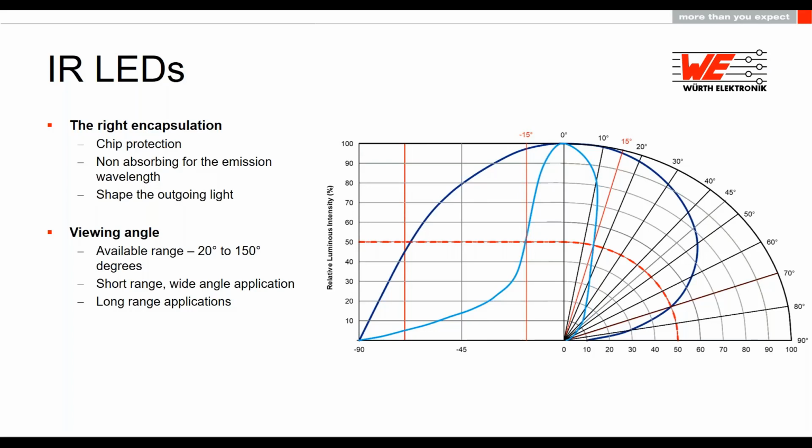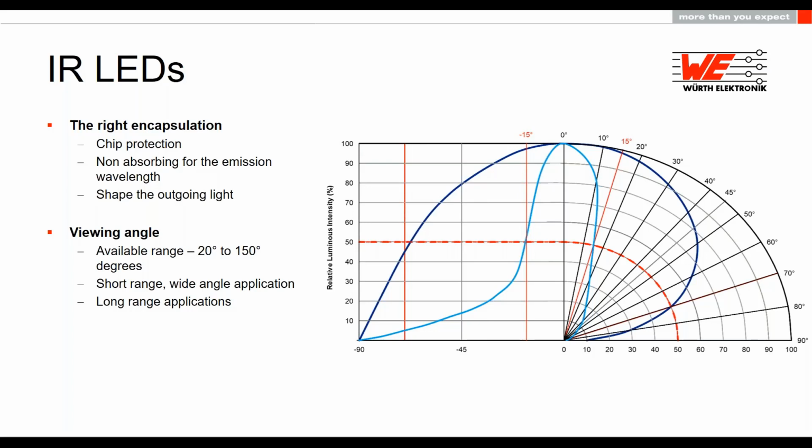The viewing angle is the parameter that can show you where my light or infrared emission is going. Do I have a broad viewing angle, so I can illuminate a very large area at a short distance? Or do I have a narrow viewing angle?